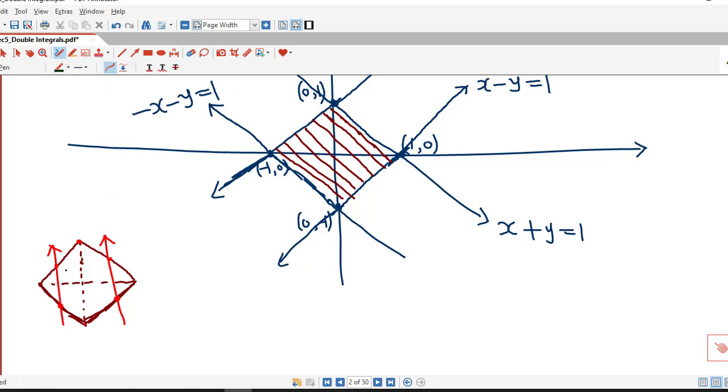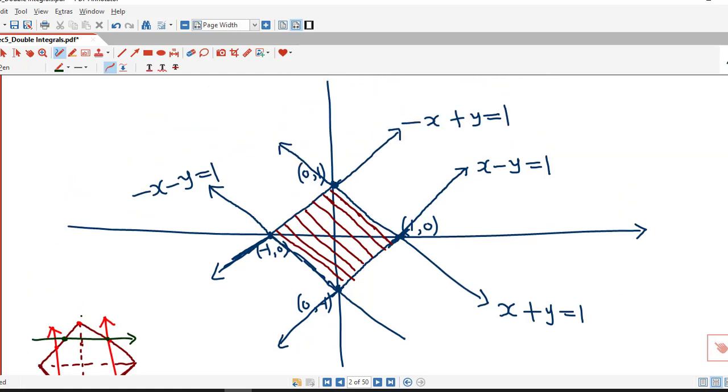Similarly, if we want to integrate first with respect to x, we will consider horizontal lines. This horizontal line enters on this curve and leaves on this curve. And if we consider a horizontal line in this portion, then it enters on a different curve and leaves on a different curve.